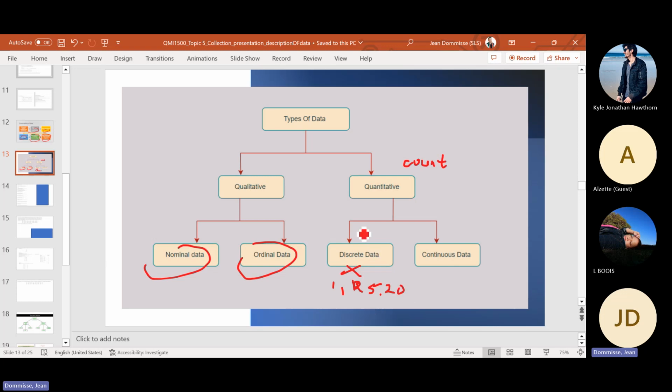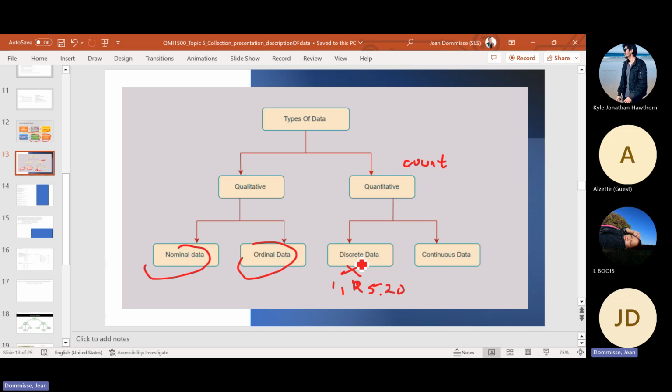And how they can ask it is, what is your height in meters or in centimeters? Then it needs to be 1,76 or 1,85. That is discrete data, because you put it in discrete numbers.